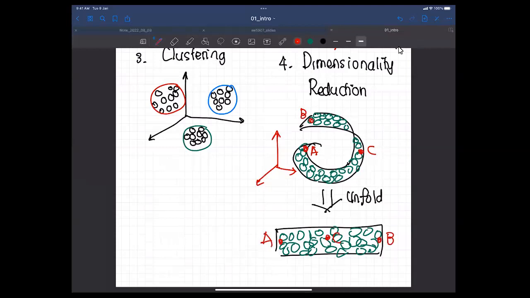So you have to be careful when you play with high-dimensional data, because you need to learn the manifold of your data. If you don't know the manifold of the data, then you will assume that A and B are close to each other, but actually they are not. That's why dimensionality reduction is very, very important. It is the underlying manifold of your data.